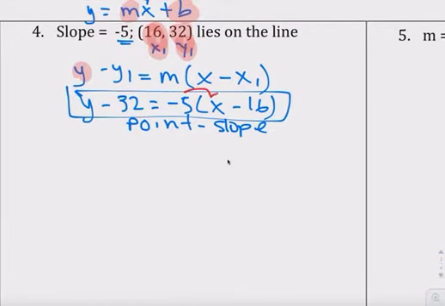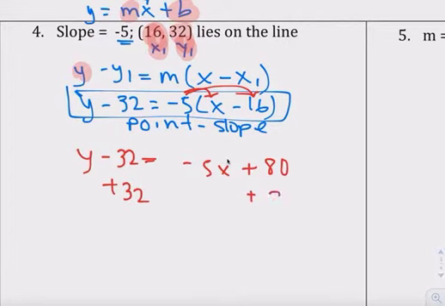Okay, distribute: negative 5x plus 80 equals y minus 32. Add 32 to get y by itself. Okay, to make 0 here, y minus 0 is y equals negative 5x plus 112.